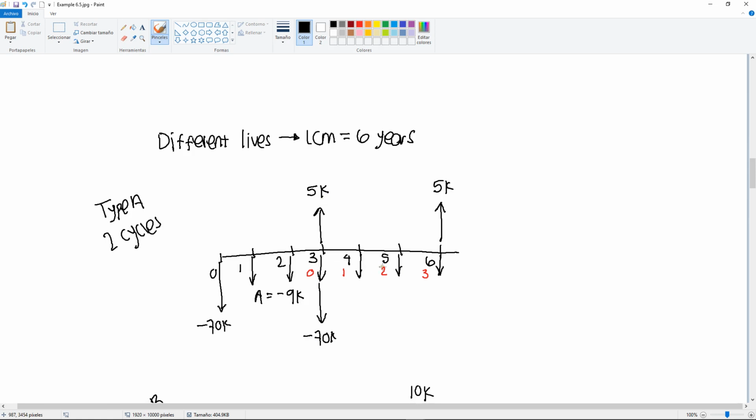Years 4 and 5, we only have the 9,000. And year 6, we have two cash flows here: the minus 9,000 and a 5,000 going up. So we need to include all of these per year.